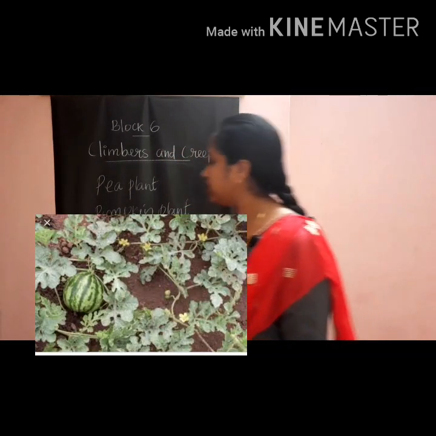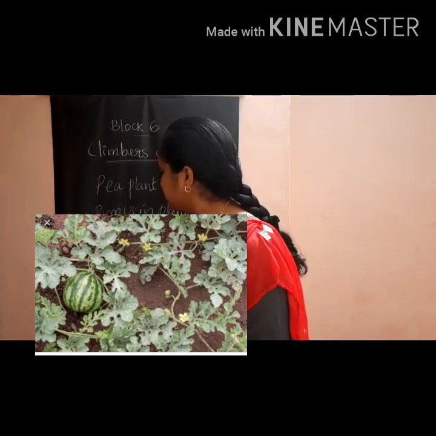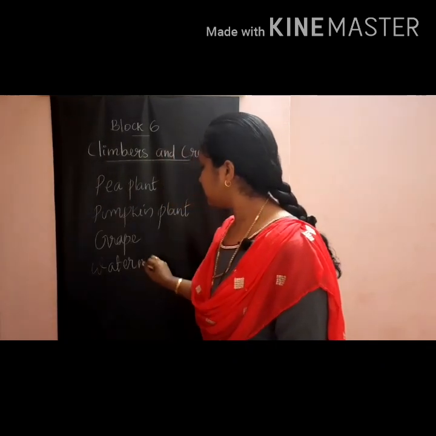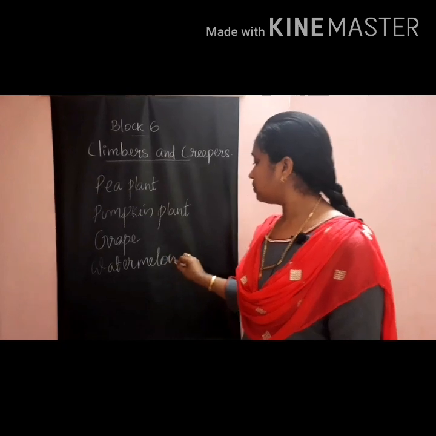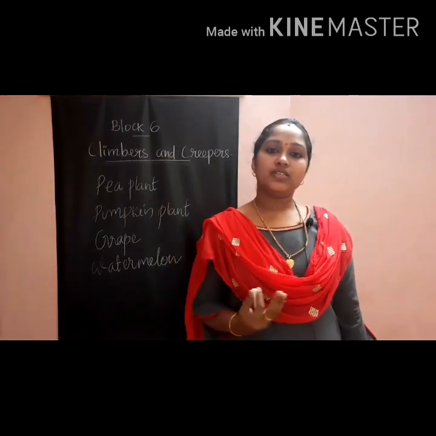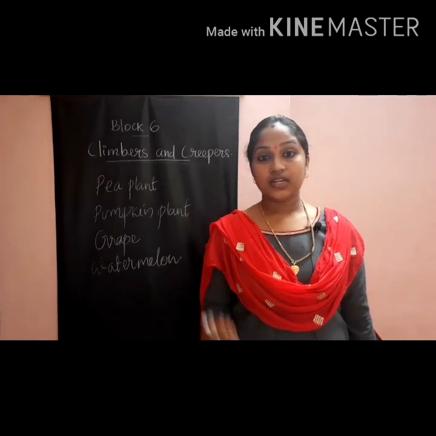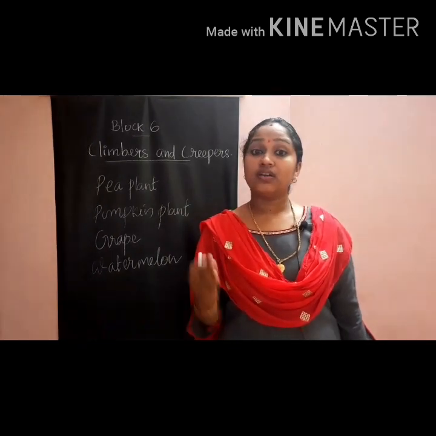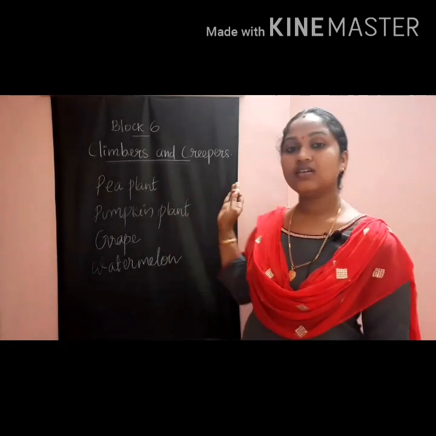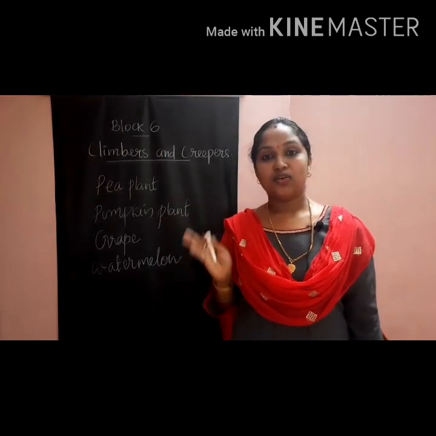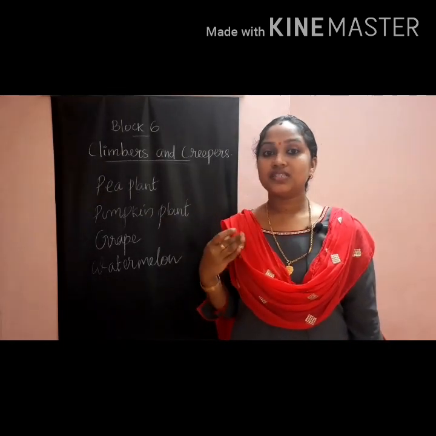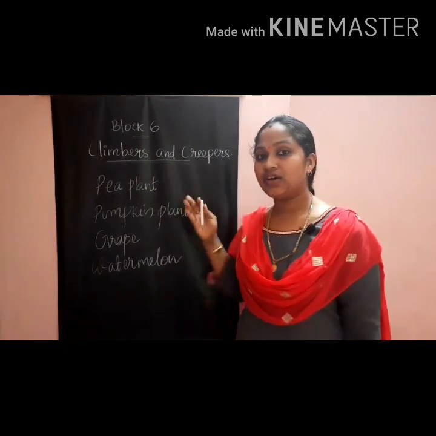Next, watermelon. How can we sort these plants, children? Yes, I told you just before, we are going to classify these plants on the basis of their stem. According to their stem, we are going to classify these plants.